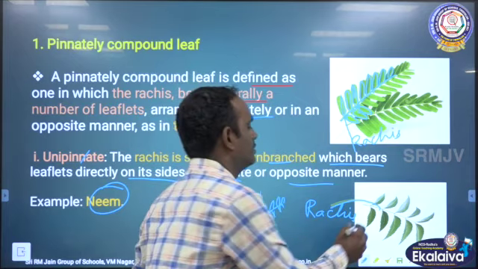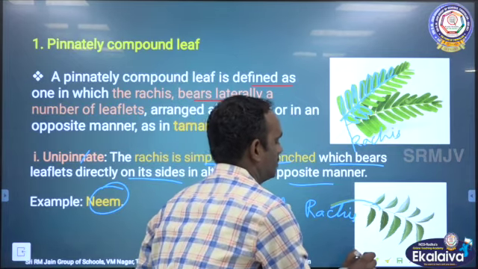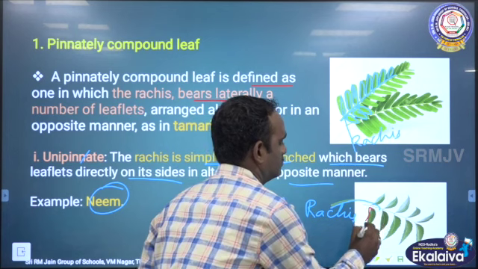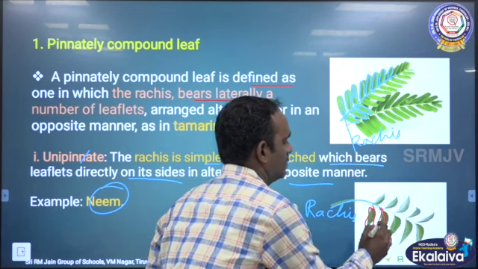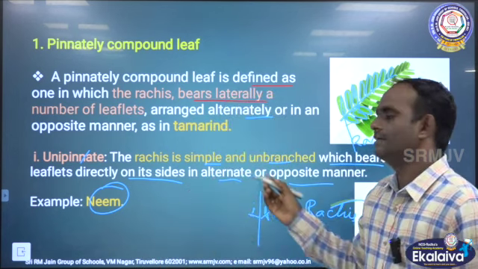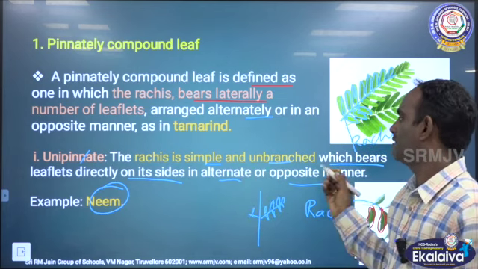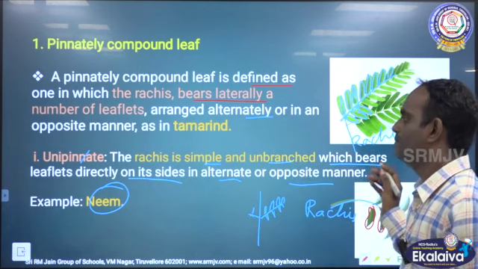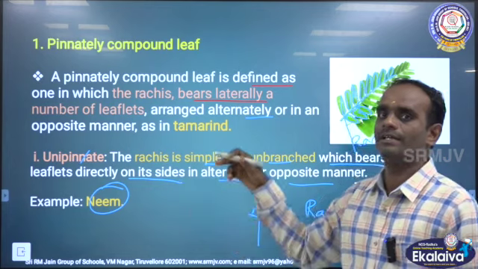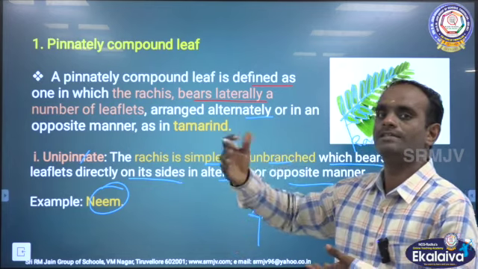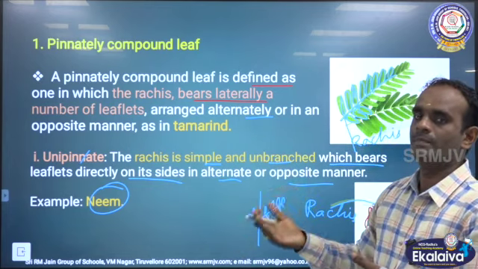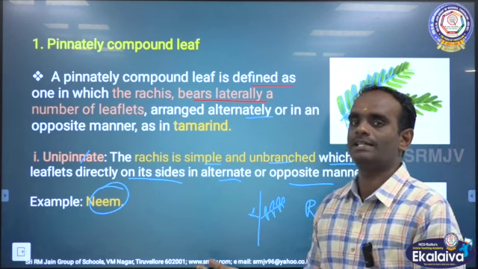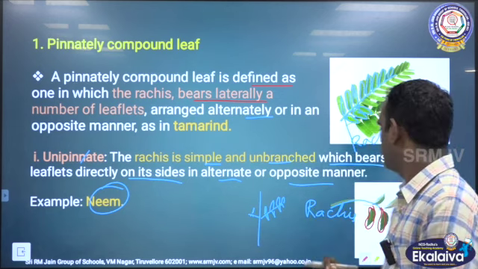The rachis gives rise to leaflets, directly on either side. It may be in an alternate or opposite direction. It is seen in the neem leaf.